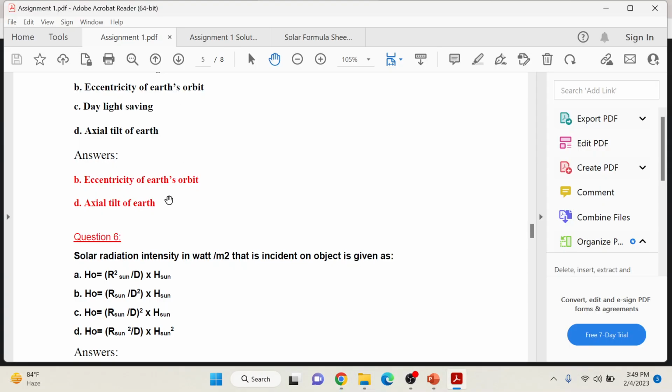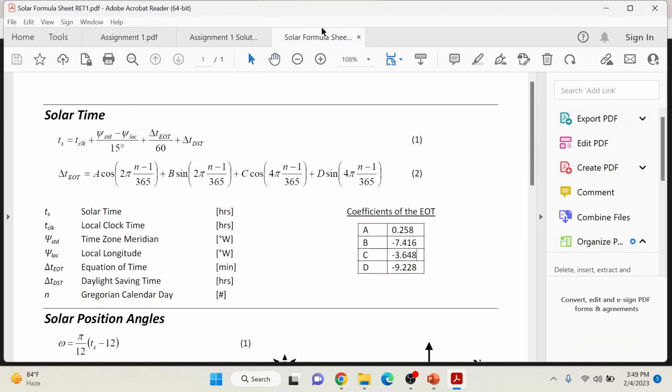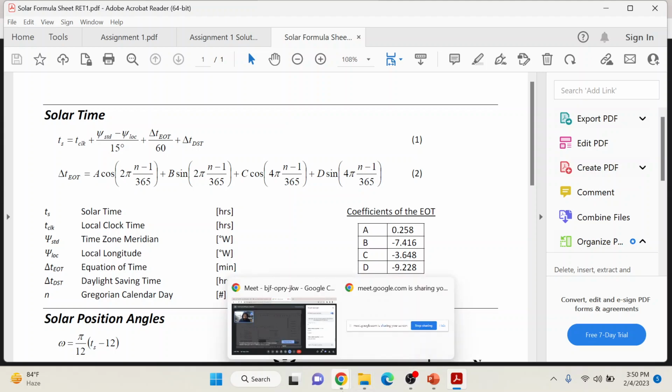So the right answer is B and D, definitely. The equation of time is very much free of latitudinal and longitudinal portions. Can you see anywhere in the formula where they are putting latitude and longitude? Nowhere. They are just considering the number of days and the length of time. We have the coefficients, and the coefficients are being calculated.